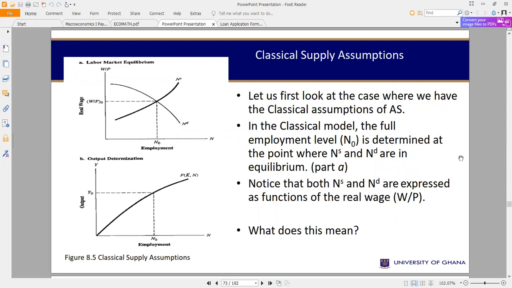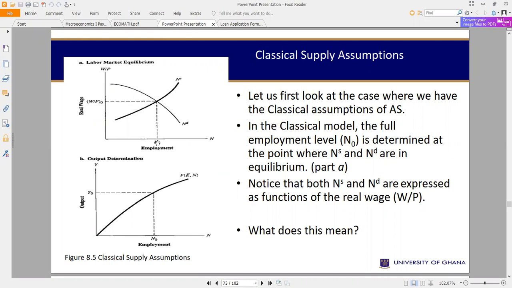Let's look at the case where the AS curve is vertical. I'm sure you remember this. In the labor market, we have equilibrium when the supply of labor is exactly equal to the demand for labor. The curves are drawn as functions of real wage. So at this equilibrium point, we get our N0, the equilibrium quantity of labor that will be hired in the labor market.